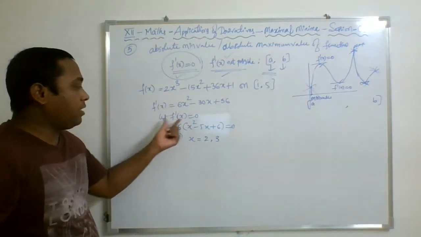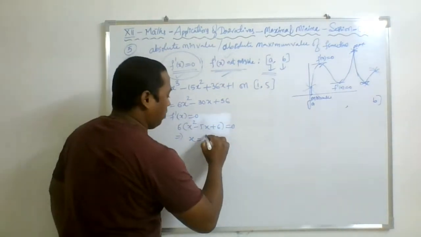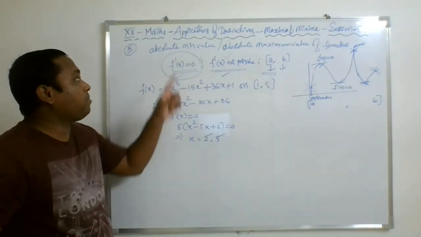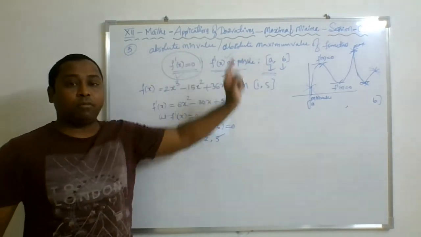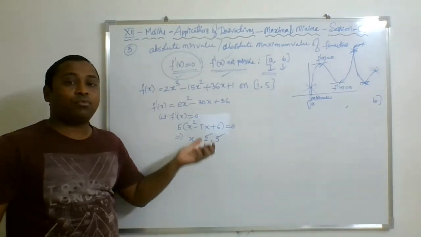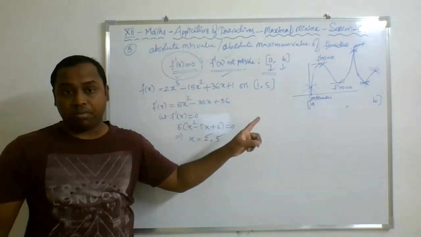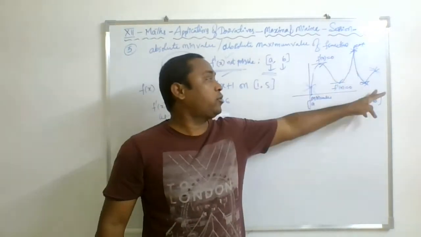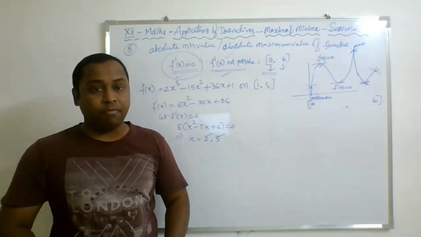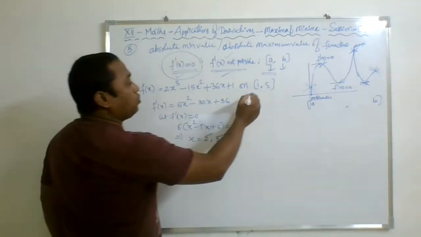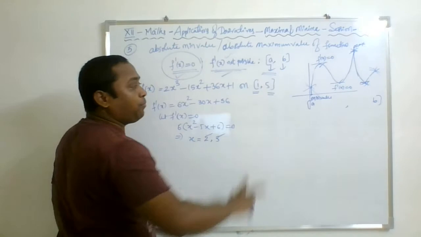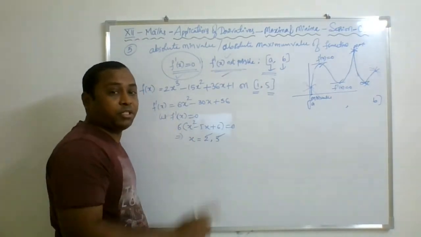By equating the derivative to 0, we get the critical points where the derivative is 0, but we are talking about absolute minimum and absolute maximum. In this case we also need to take the points where the function is not differentiable, because at those points it is also possible that the function may attain the maximum value and minimum value. Hence we need to take the endpoints of the graph, because we know at these endpoints the function is not differentiable.